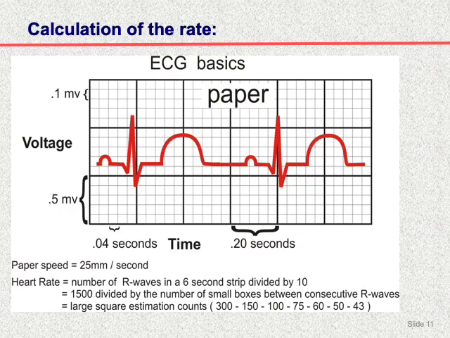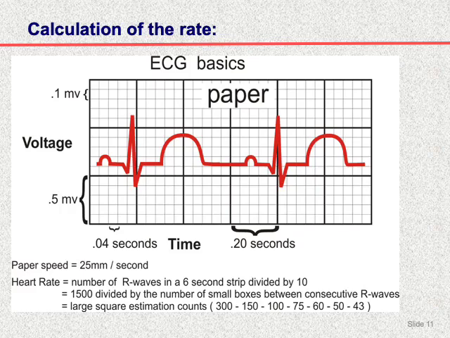This is easy, but this is provided that the rate is regular. If the heart rate is irregular, we count 6 seconds, that is 30 large squares, and then we manually count the number of R waves and multiply by 10. This is usually in patients with AF. So the first thing in the calculation of heart rate is to know whether it is regular or irregular.